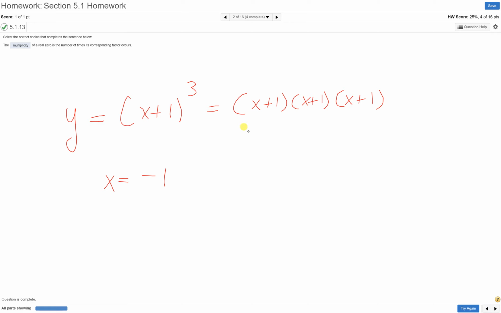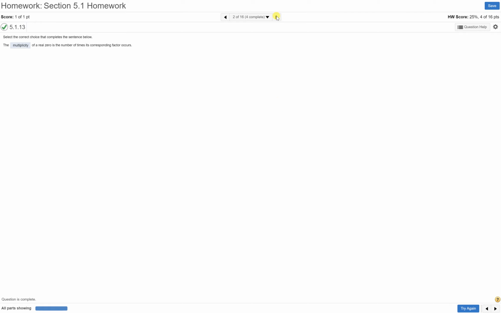So instead of saying the answer is -1, -1, -1, we say the solution is -1 with a multiplicity of 3. Meaning it's repeated 3 times; the solution works 3 times. That's multiplicity. Let's clear this and move on to the next question.